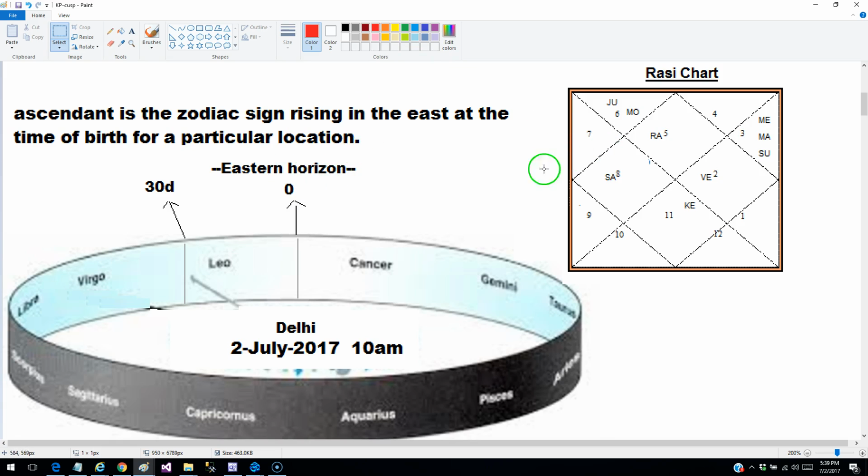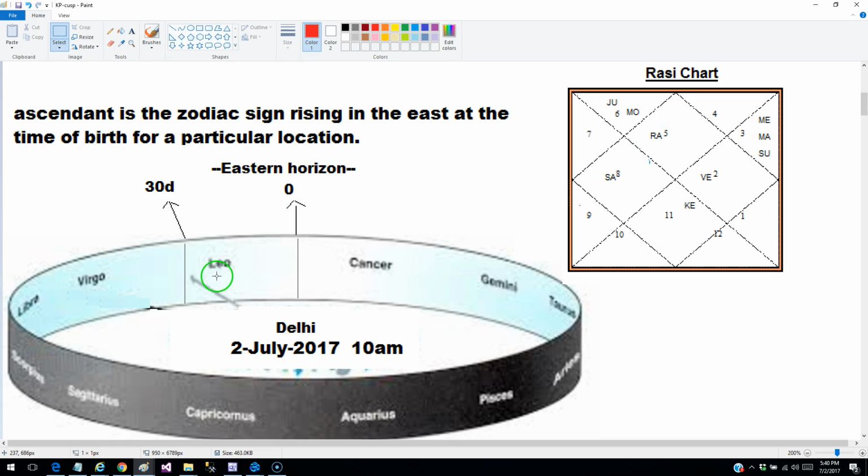So when we create a horoscope, we put the number 5 over here. This indicates the ascendant. Now let's assume that this sign Leo is going to rise for 2 hours. So at 11 a.m. we still have Leo rising, so we still put the number 5 over here.